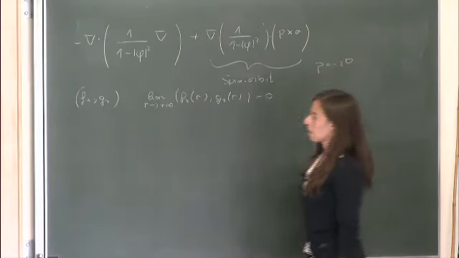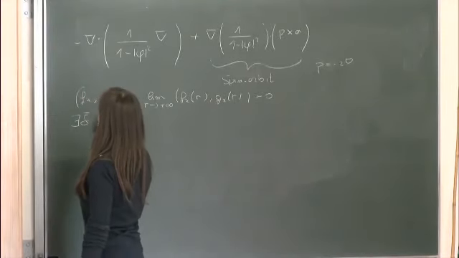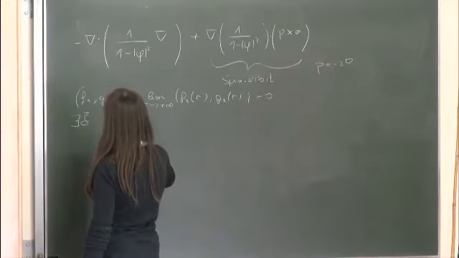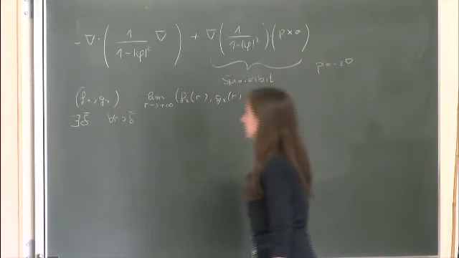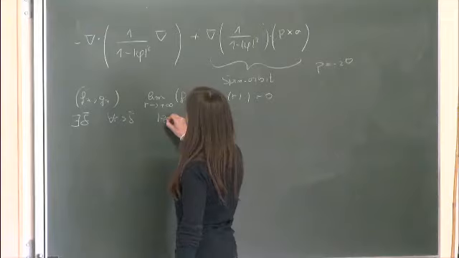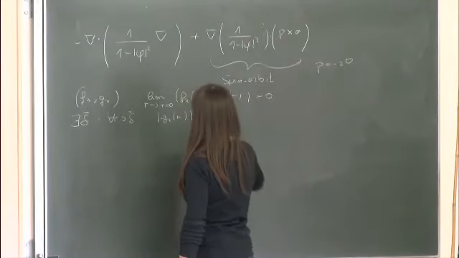That means that there exists a delta bar such that for all r bigger than delta bar, the absolute value of g(x)(r) is smaller than 1.